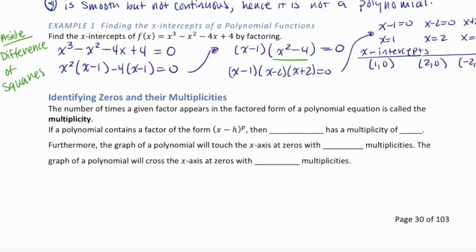Next, let's discuss identifying zeros and their multiplicities. The number of times a given factor appears in the factored form of a polynomial equation is called the multiplicity. If a polynomial contains a factor of the form x minus h to the p power, then x minus h has a multiplicity of p.